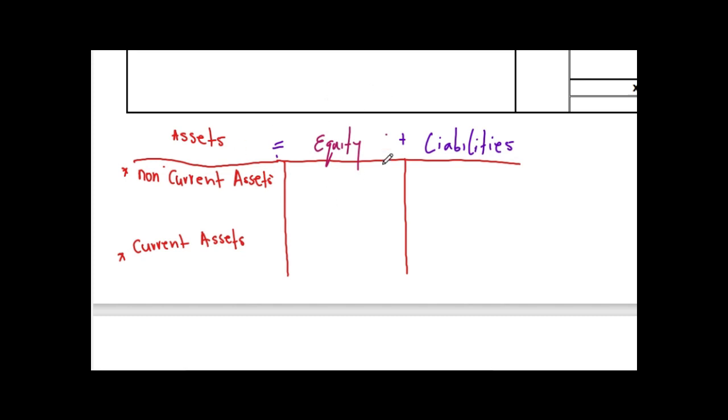Under the owner's equity component, we don't have any type of equity yet. So we'll pass this equity section and then go to liabilities.